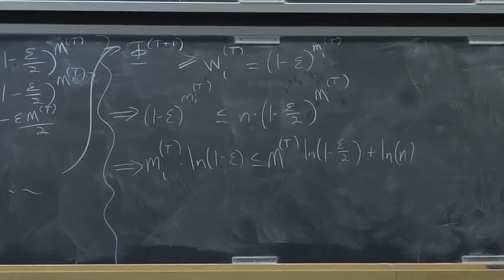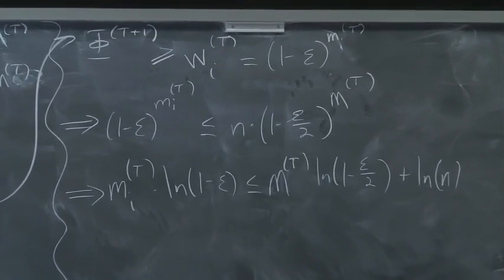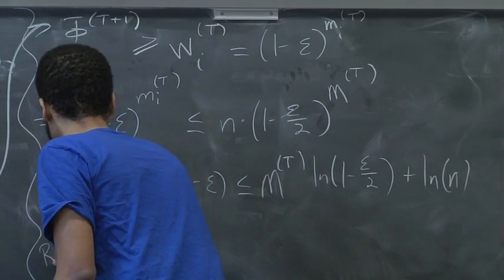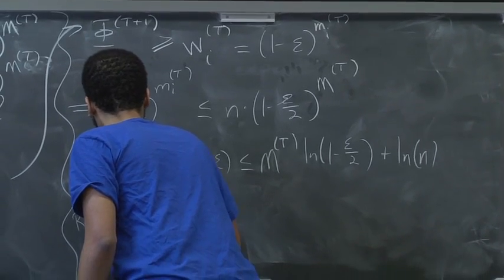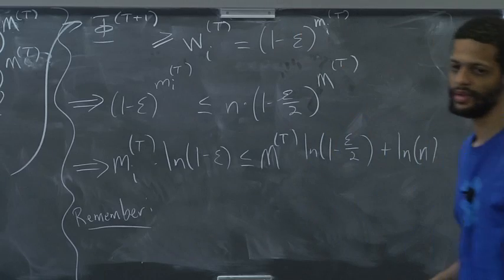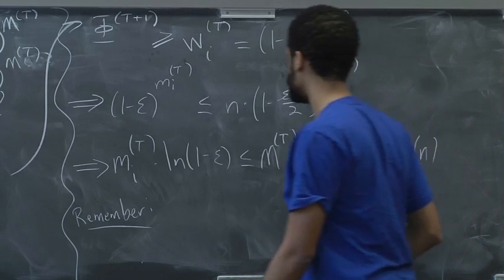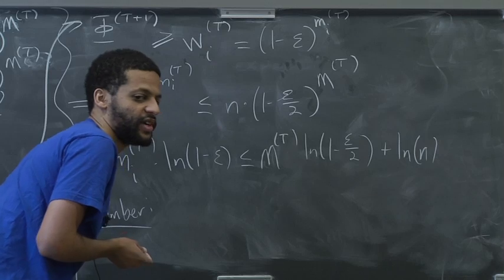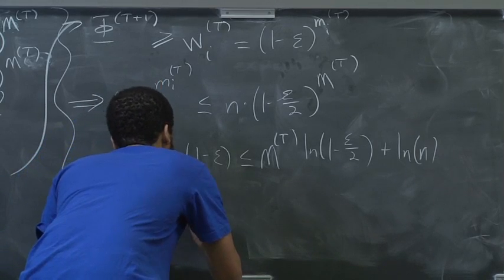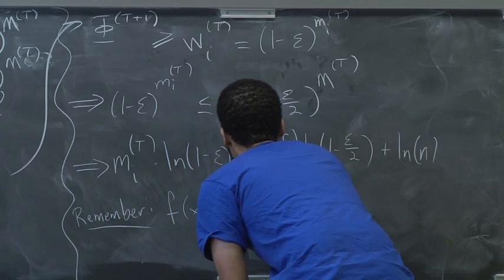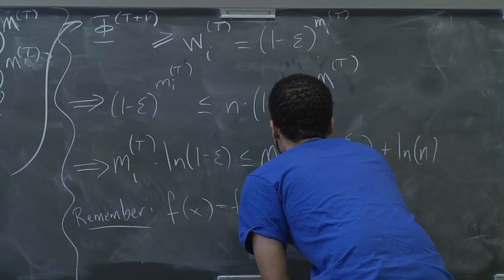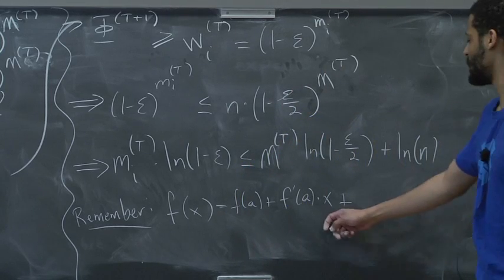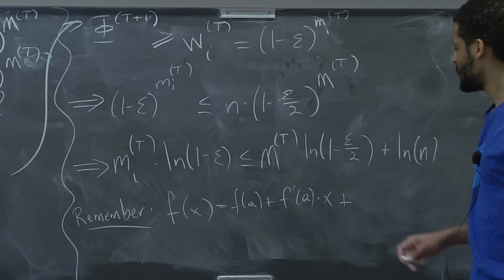Okay. Now, let's just remember a very small amount of calculus. Calculus tells us that if you Taylor expand some function f of x around, say, a, so f of a plus f prime of a times x, and let's say you do it up to the linear term and you want to understand what the error is.